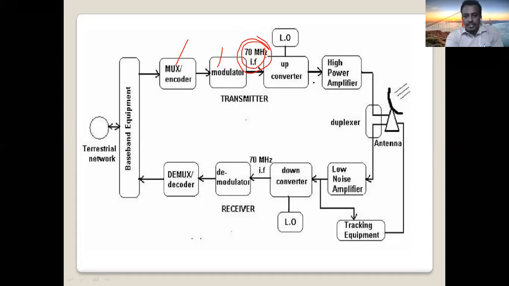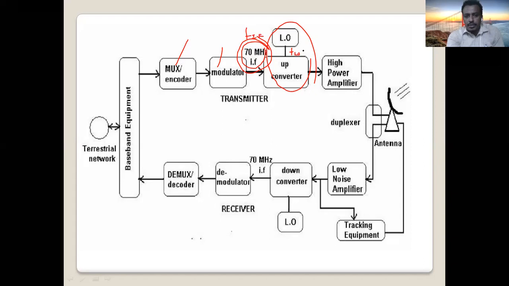So the next device you will see is the up converter mixer. We have discussed these devices previously in the microwave course. In this up converter mixer, we have the local oscillator frequency, and this is the intermediate frequency.